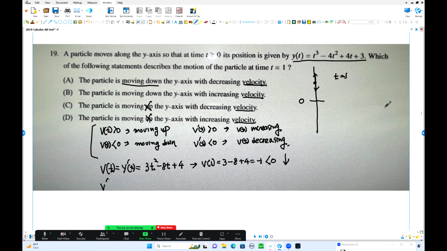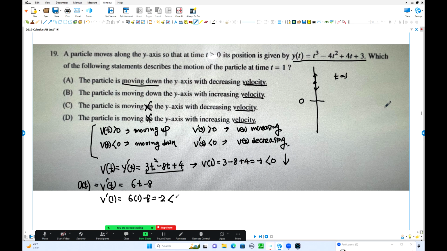Now second is the velocity prime, which is actually the acceleration. Take a derivative one more time over here: 6t minus 8. Put in time equals 1. 6 times 1 minus 8 equals negative 2.